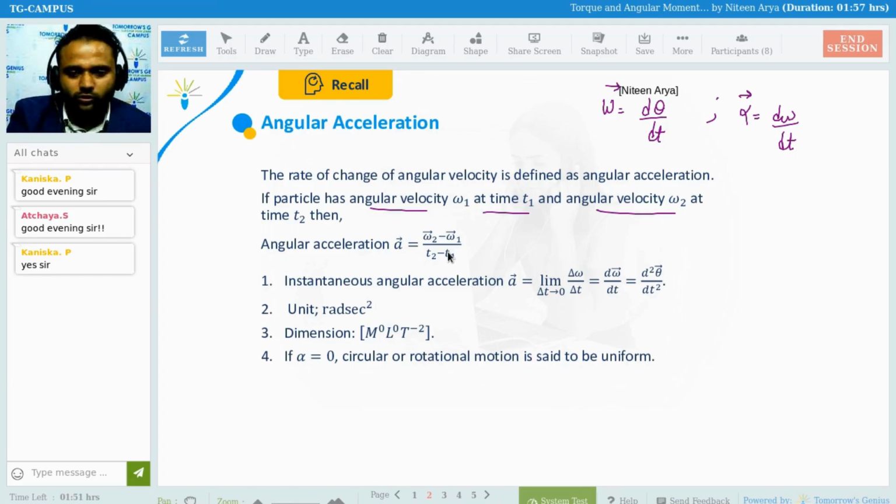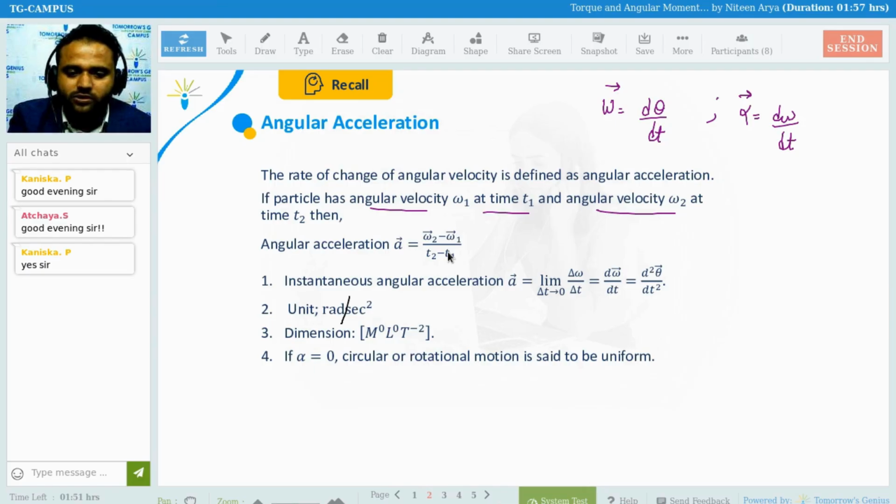Keeping that formula together, if I double differentiate theta, which is the angular displacement, or the displacement in rotational motion, we get d squared theta by dt squared. The unit is radian per second squared, and the dimension is M^0 L^0 T^-2, because theta is dimensionless.